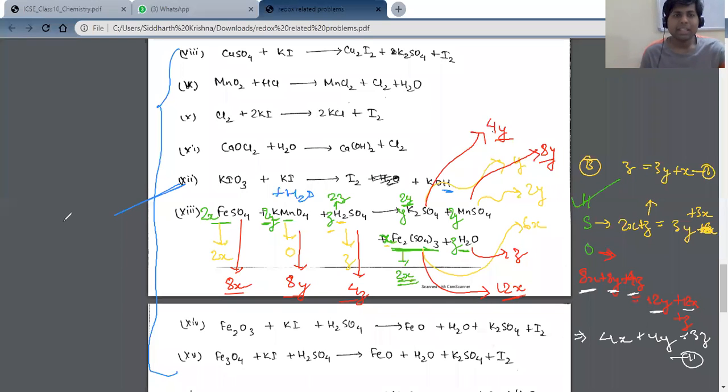Can anyone explain why we are getting such a scenario? Why you are getting only two equations when you have three variables? Because there are three reactants and four products?